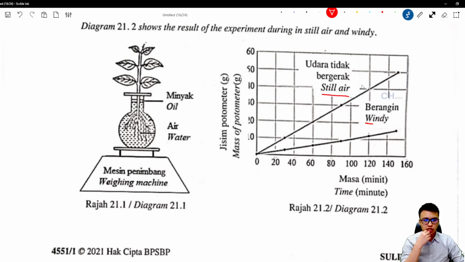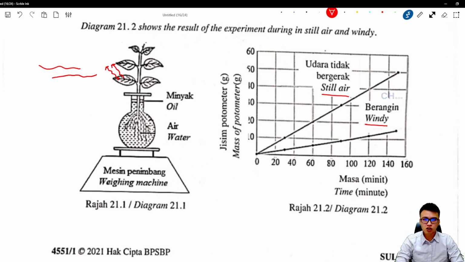Now, supposedly, we are talking about transpiration here, which means that, let's say this is the potometer. We are going to use this diagram again. Let's say we have a windy day. So the water will evaporate faster away from the plants, through the leaf.